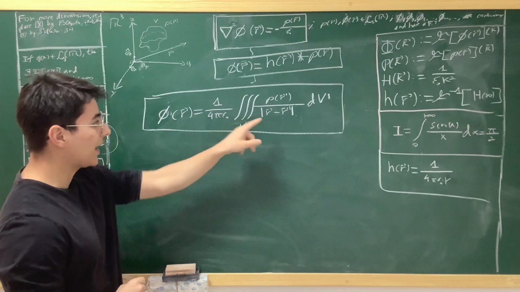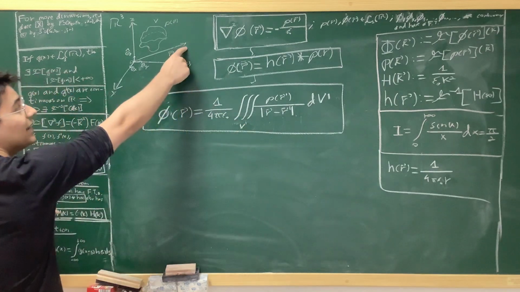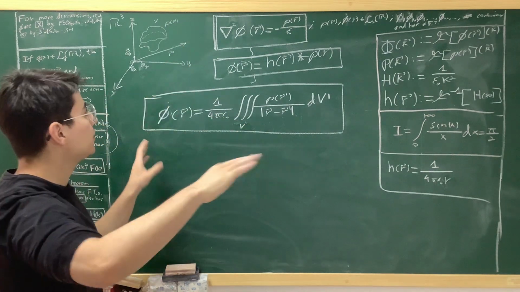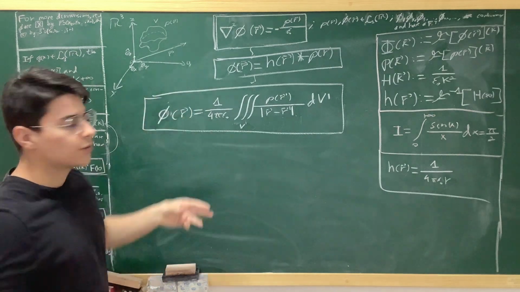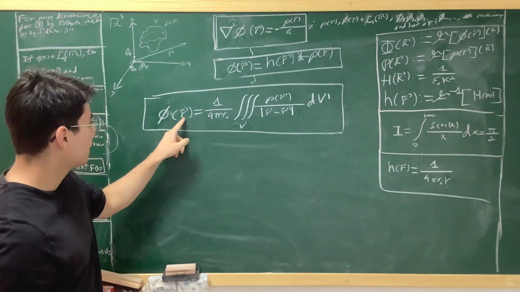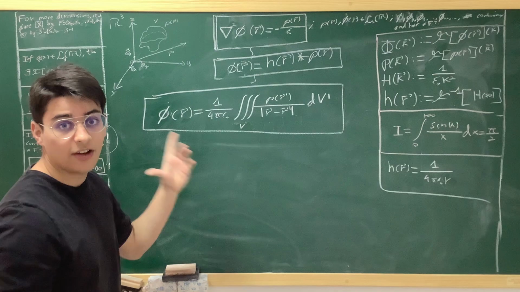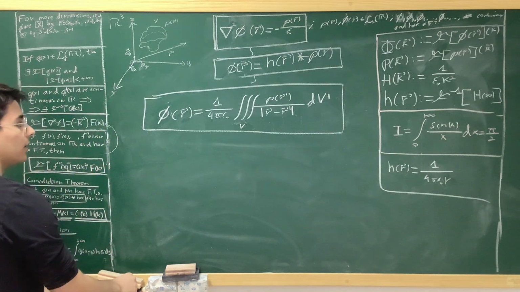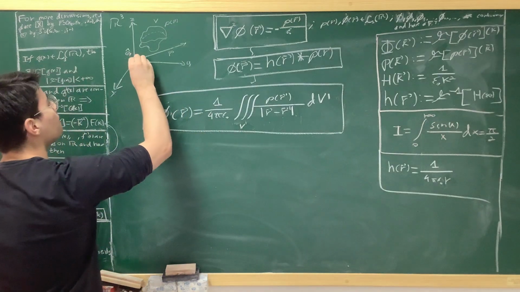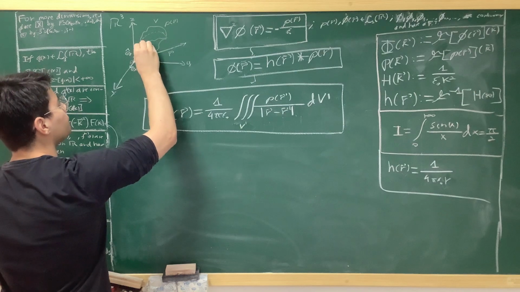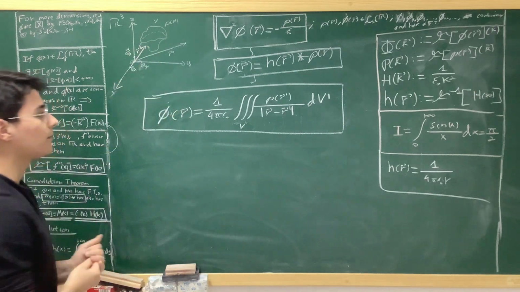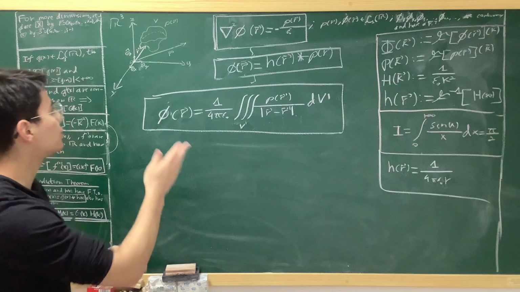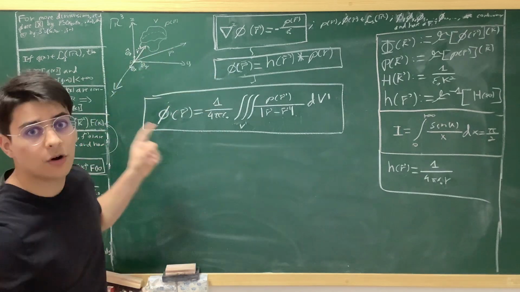And now r is just the position of some point, right? This is some point on R3 where we want to calculate the potential. This is where the potential is being evaluated. And this other vector r prime is just a varying vector which goes to all of the points of our volume.